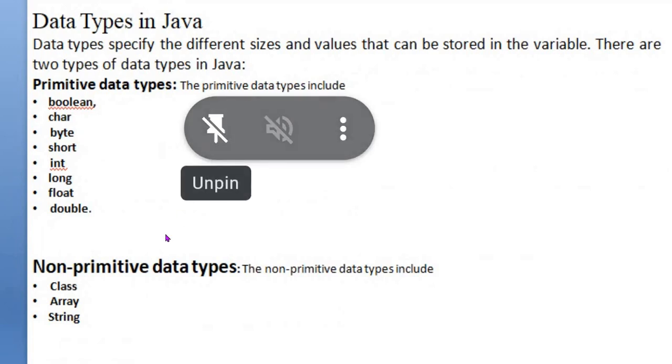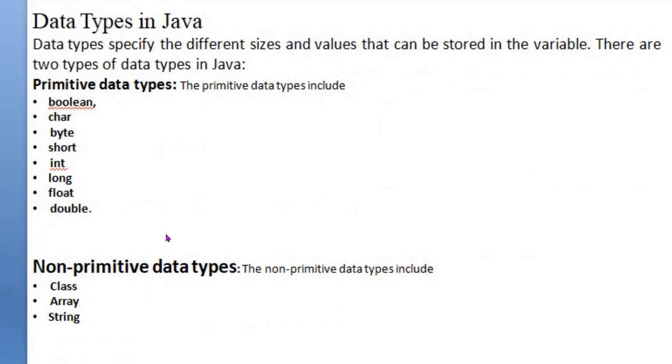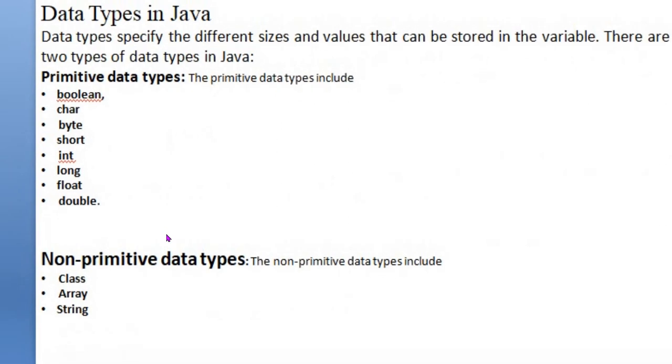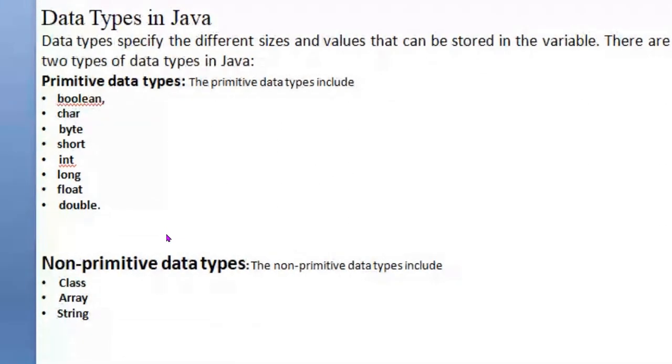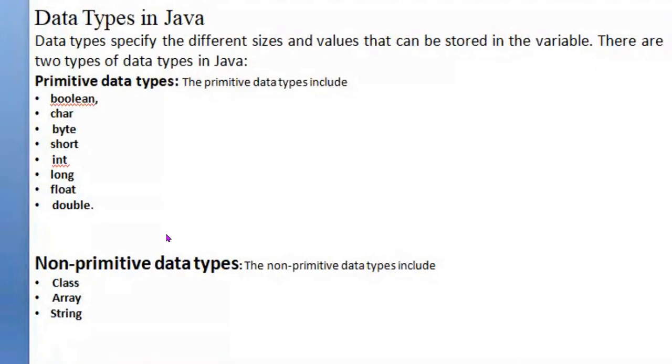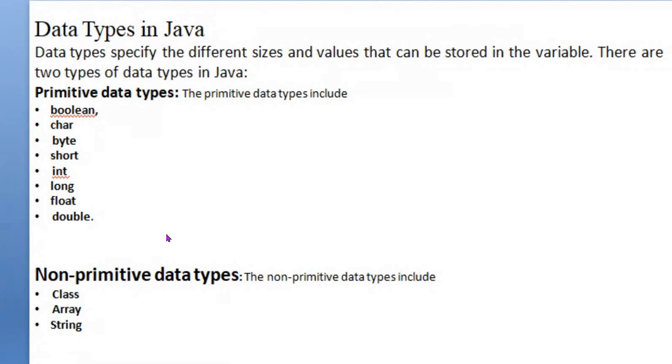You said non-primitive data types are user defined. Yes, sir. Class is user defined. But these are the two types, that is primitive and non-primitive. That is correct.